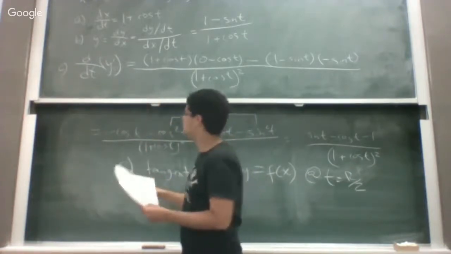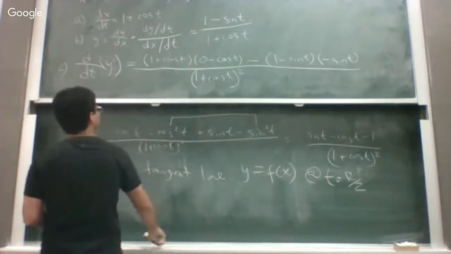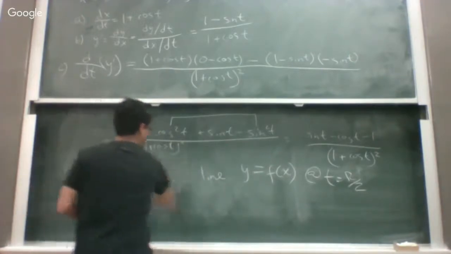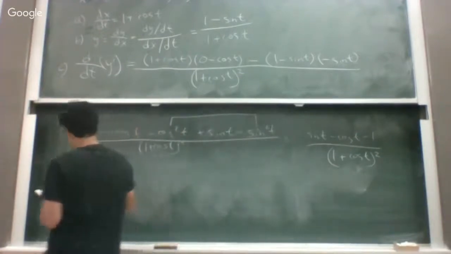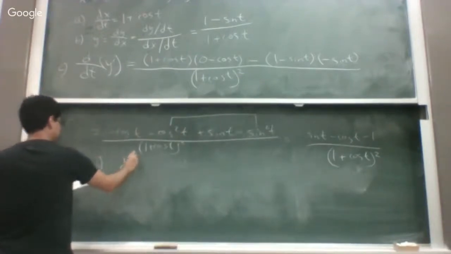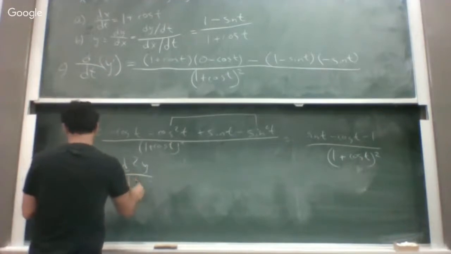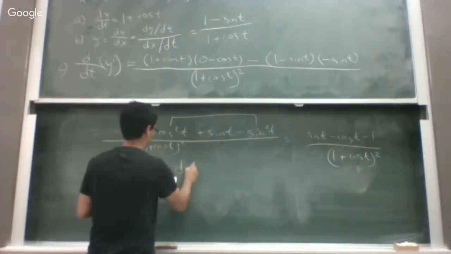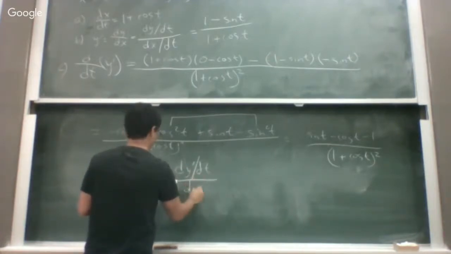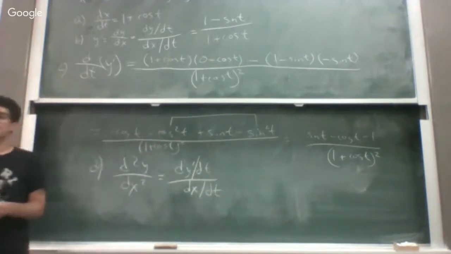Yeah. I skipped part D actually, E, F, G. Which is d squared y over dx squared. And this now is equal to the derivative of y prime with respect to t divided by dx dt. There you go. Good?